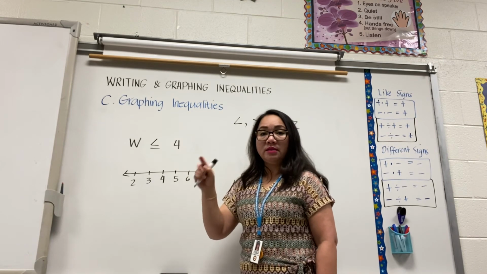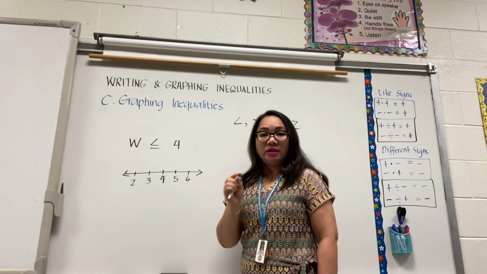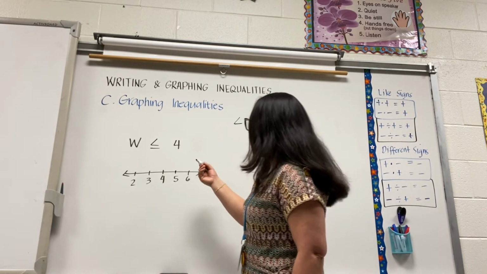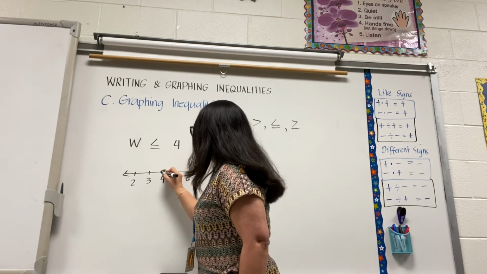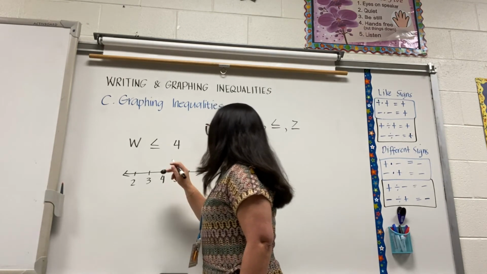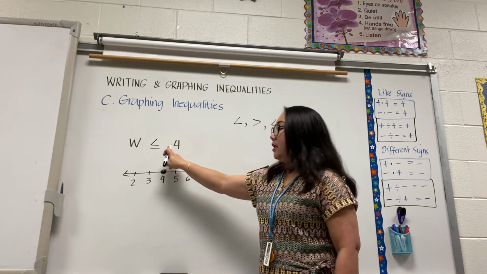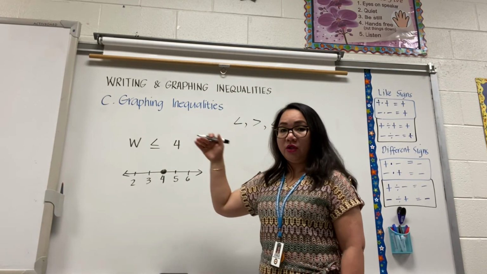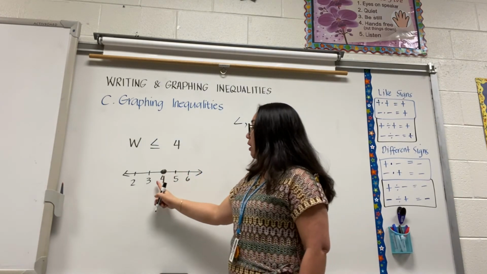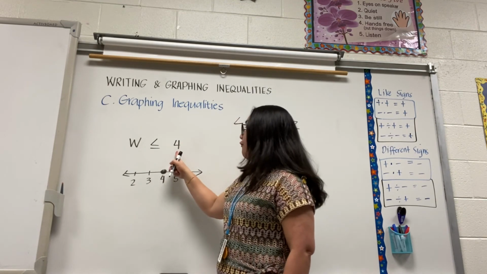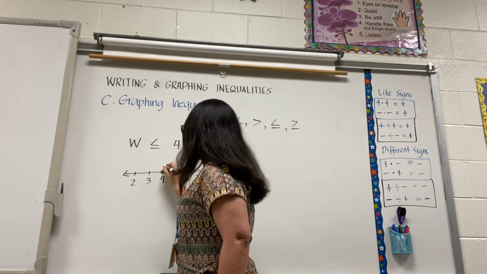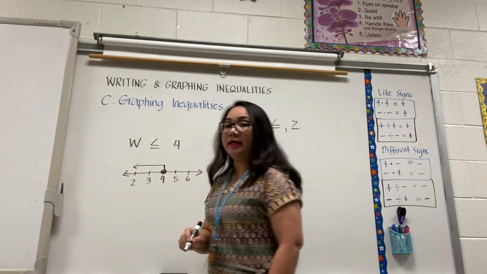So that means 4 is included because it says less than or equal to. So we will draw a closed circle. So less than or equal to, that means the direction is to the left. So all numbers to the left of 4. So your graph looks like this.